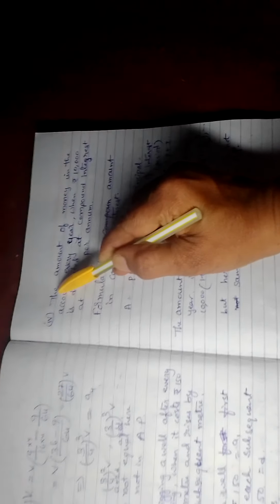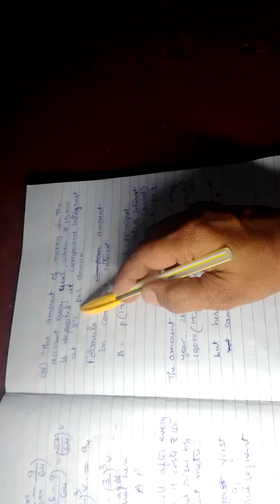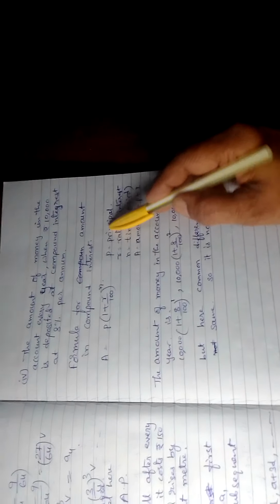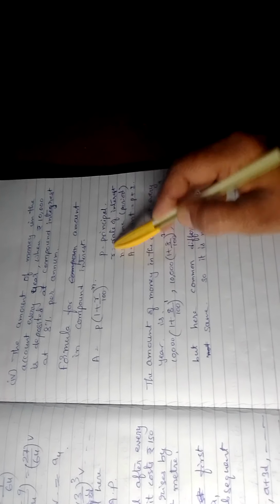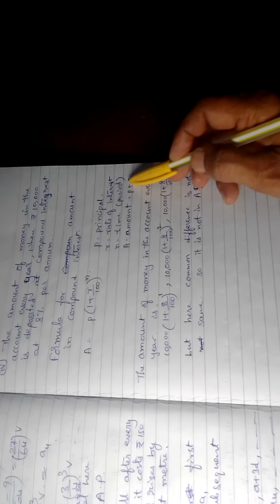And the last problem is the amount of money in the account every year when rupees 10,000 is deposited at compound interest at 8% per annum. The formula for amount in compound interest is A is equal to P into 1 plus R by 100 whole to the power N, where P is principal, R is rate of interest, N is time or period, and A is amount, that is principal plus the compound interest.